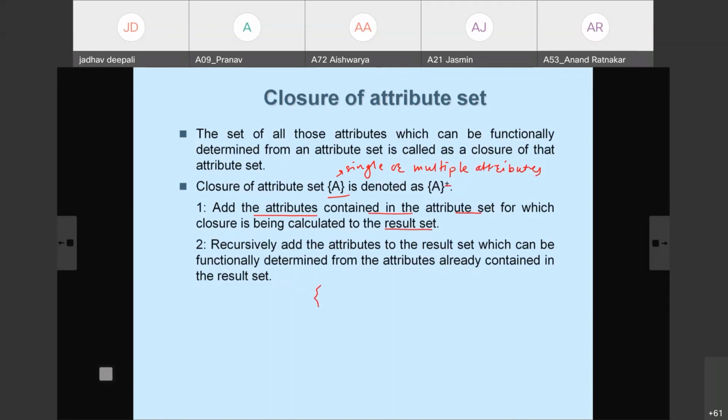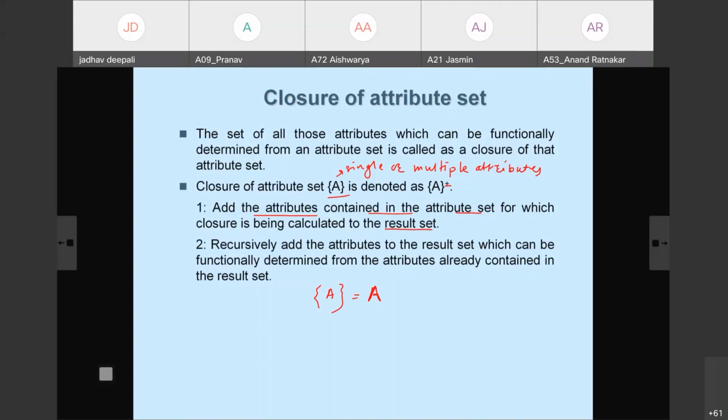Means if we are calculating the A closure, then first all the attributes in the set A come into the result. The set for which we are calculating the attribute closure, first add it into the result. So A comes into the result.